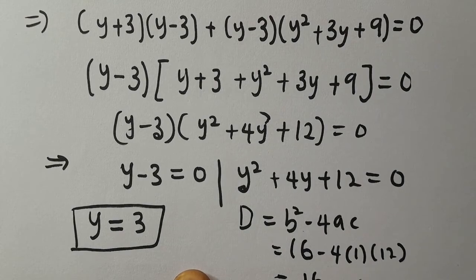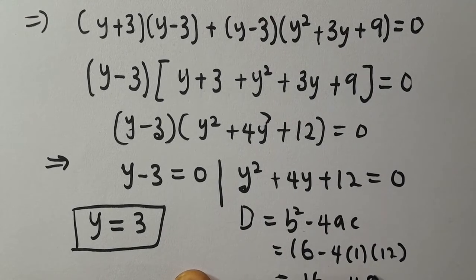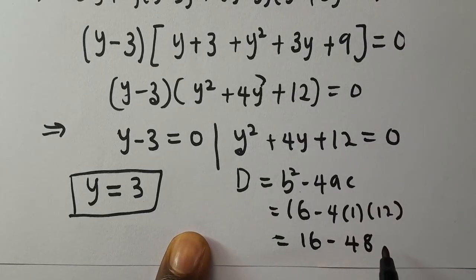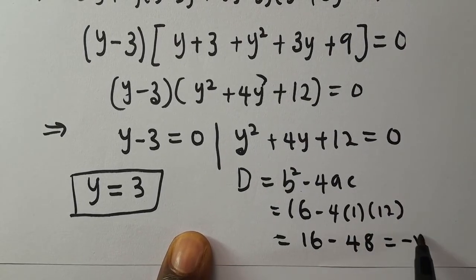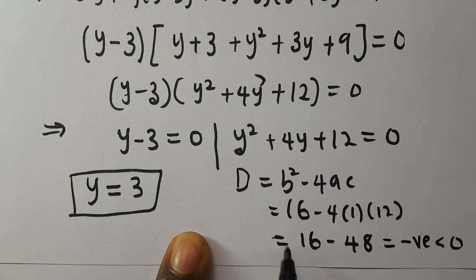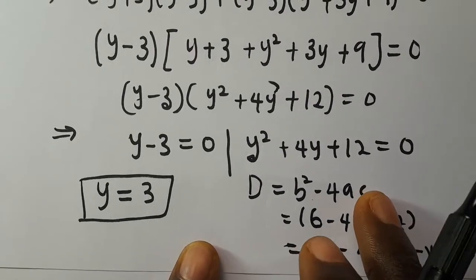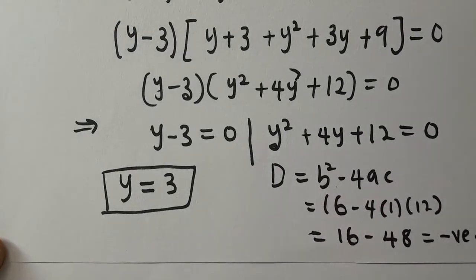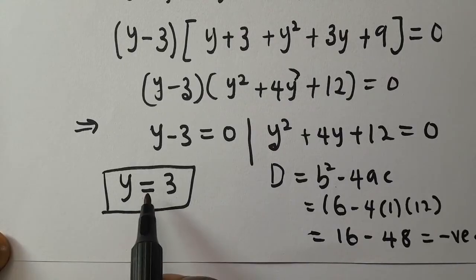This will be 16 minus 48, and this will give us a negative value, less than 0. So therefore, we're going to have a complex solution for this. We don't want a complex solution. We want a real solution. Now, we only consider y equals 3.